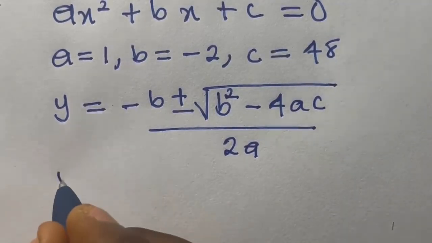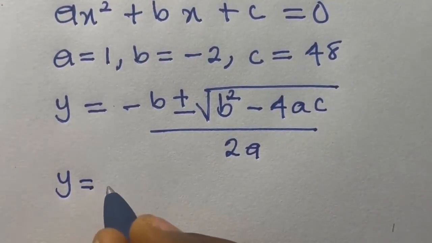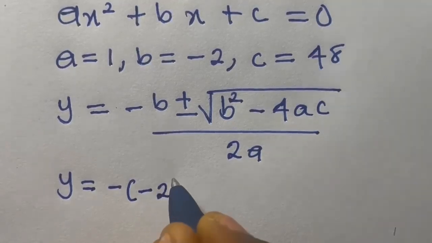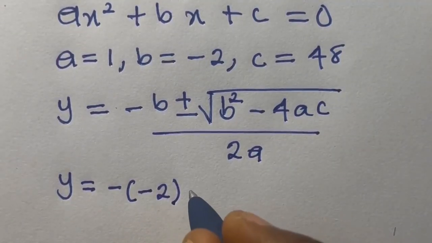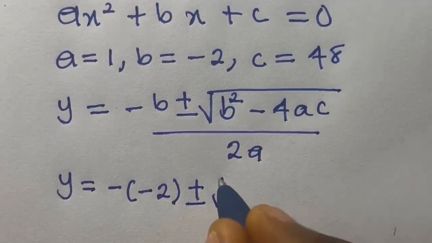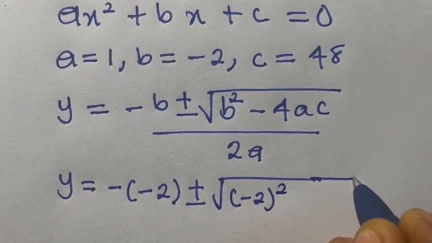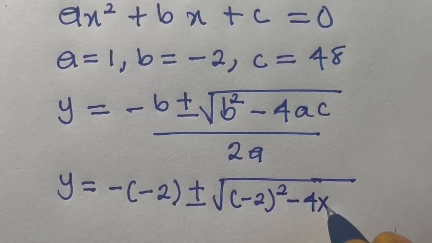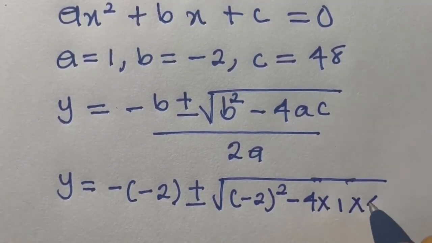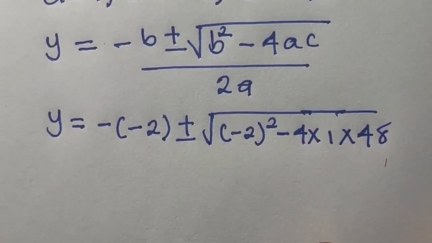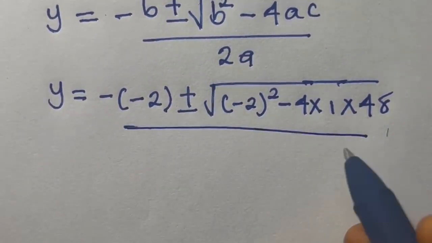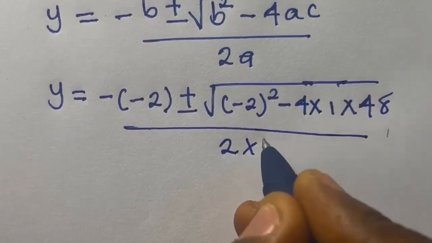So we have y equals minus of minus 2 plus or minus square root of minus 2 square minus 4 times 1 times 48, all divided by 2 times 1.